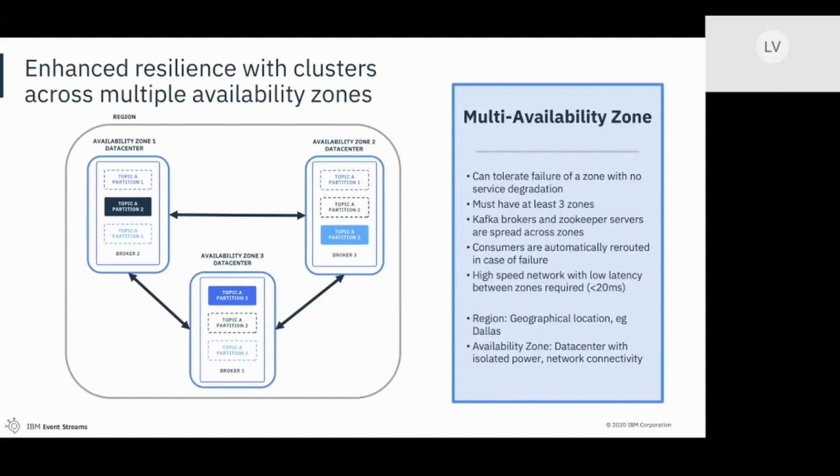And if one of them is for any reason in maintenance, the last one should be up and running to continue the activity with IBM Event Streams and enable your application to capture or send events to IBM Event Streams.